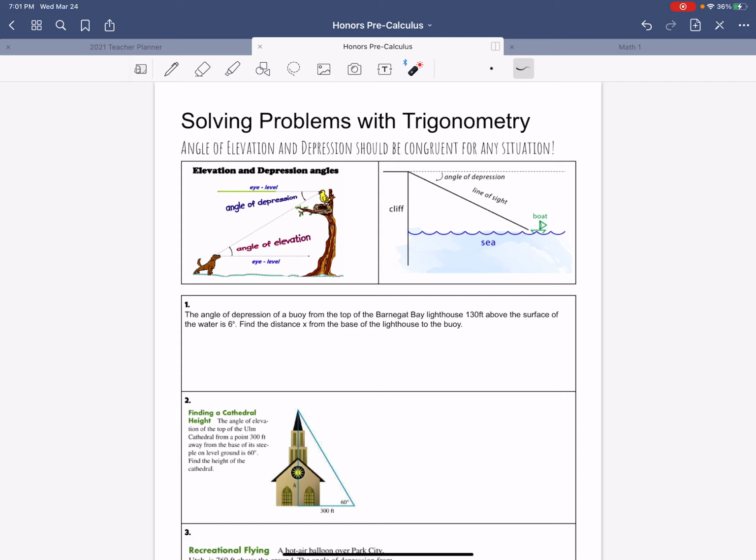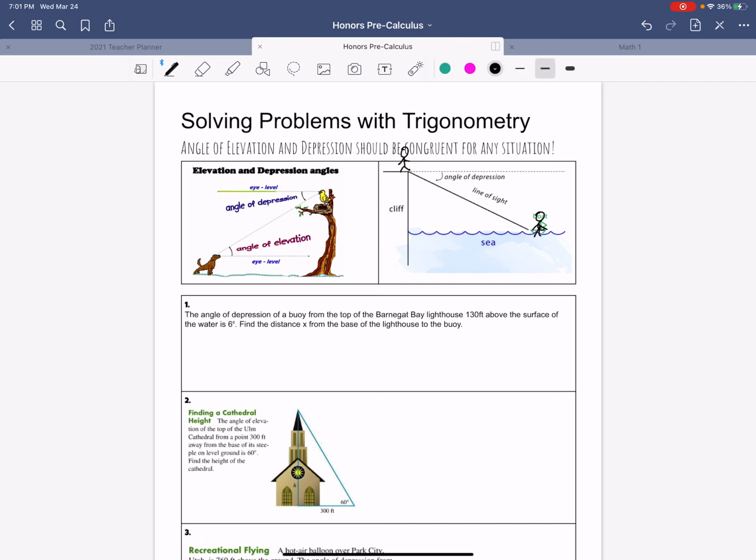All right, so another situation. So we're on the top of a cliff. Let's say that you're standing up here and you look at your line of sight, and when you look down, you see that there is a boat. So you made an angle of depression. Now, let's pretend that there's somebody on the boat. They are going to have a line of sight, and then they're going to look up at you, and that's going to be your angle of elevation.